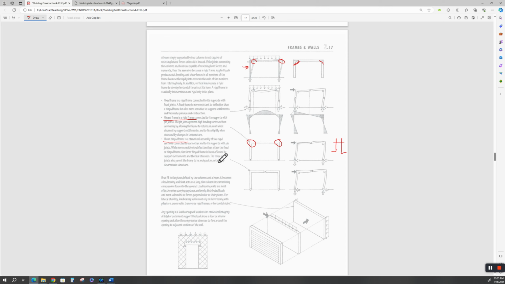The 3-hinge frame is least affected by support settlements and thermal stresses. Also, it's a structurally determinate structure, as opposed to this, and this means nothing to you. Structural determinate, don't get all freaked out over that. It just means it's statically determinate. You don't have to go into differential equations and use indeterminate structural methods to design this as you would that.